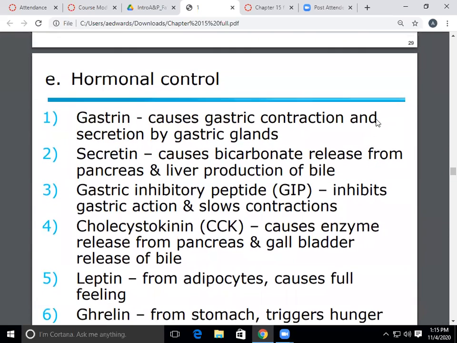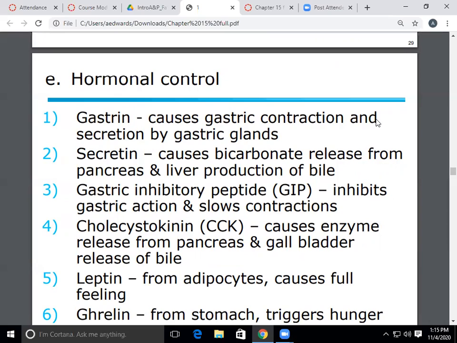Now, we don't just have nervous control, we also have hormonal control. So what other system is involved here? Endocrine system, good. So gastrin is considered a hormone, and it's again causing gastric secretion and contraction.